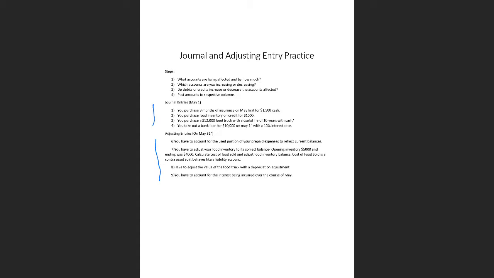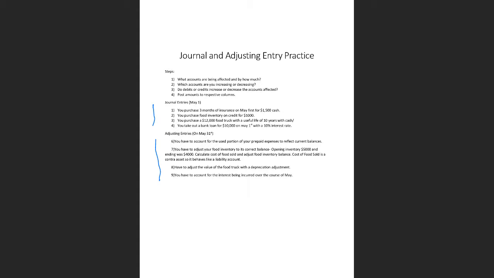Before we do that, I just want everyone to remember some of the things we need to think about when we're doing journaling or even adjusting entry posts. The first step is, think about the transaction and what accounts are being affected and by how much. Typically, the description of the transaction will tell you which accounts you should be looking at.